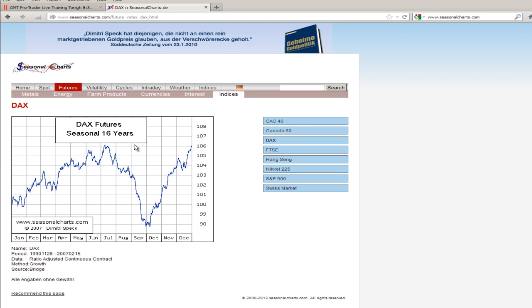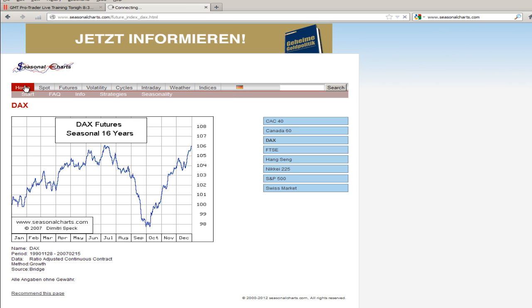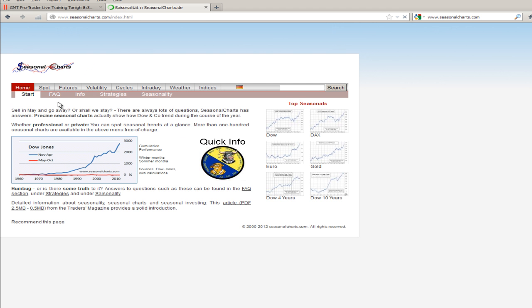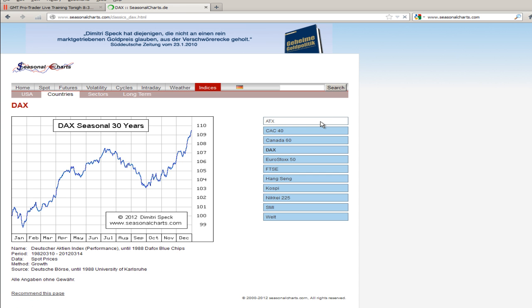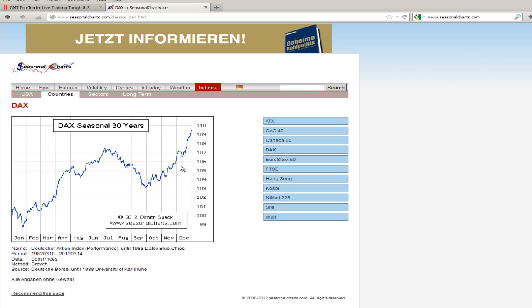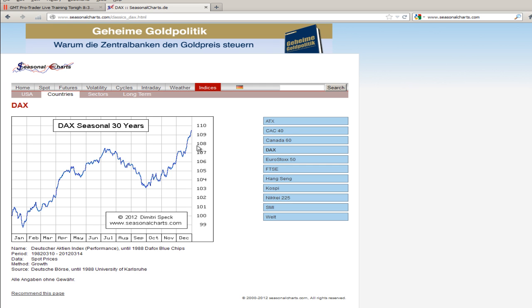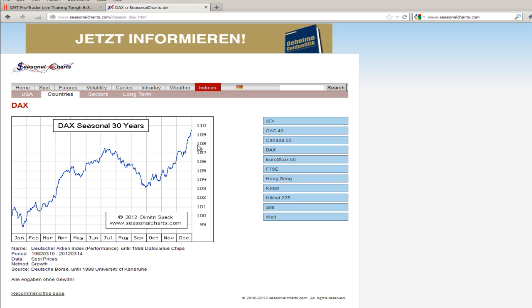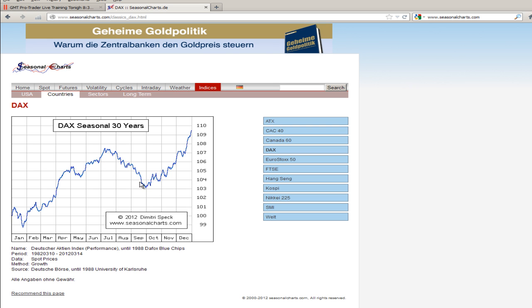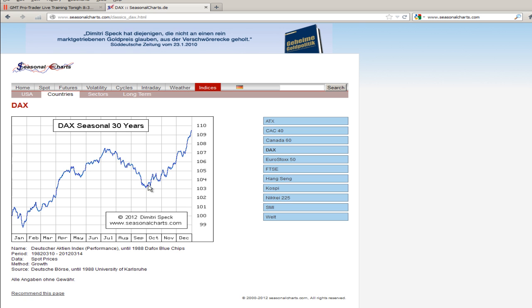There's a 16-year chart, and we can go back to the home page and see the 30-year chart, and we know there's definitely a bias on the DAX to the long side towards the end of the year, from the end of September, October onward. That's lining up with what's happening at the moment, isn't it? Although the long bias has been there for a while, there's been a seasonal bias to the short side from July to September.